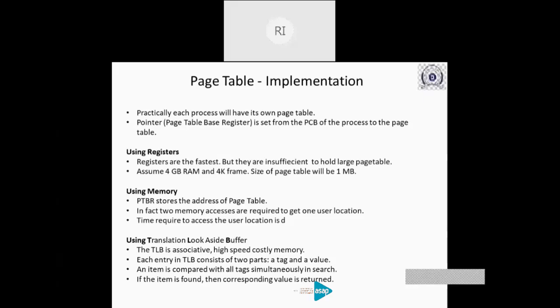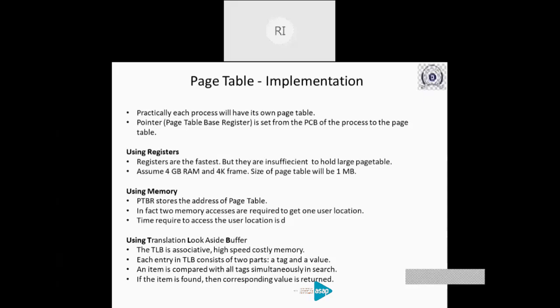Say, for example, if we have a RAM of 4 GB and a frame size of 4K, then 2^20 entries will be there in the page table. This number of registers is very few compared to the 2^20 locations required for storing the page table. So obviously we'll go for the main memory to store the page table.